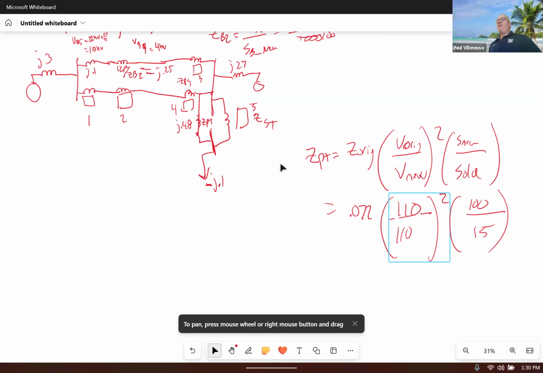Okay, any questions? In the textbook, it shows that for the three winding transformer you would make a Y of the windings and convert it to that. Do you find it just simpler to keep it with the two windings in parallel with the primary and secondary? You're talking about for a three winding transformer?